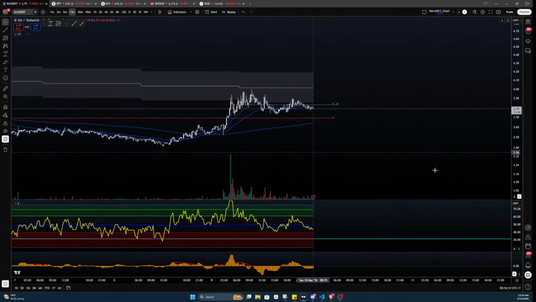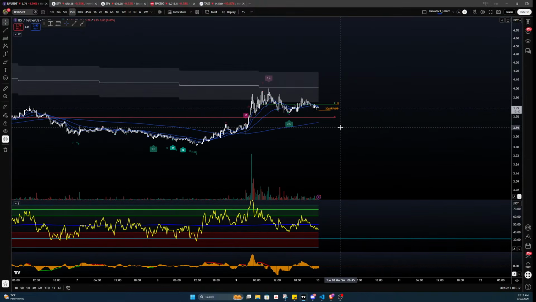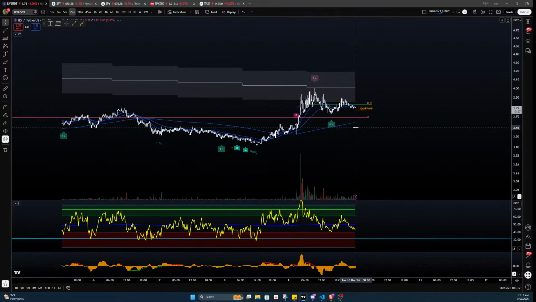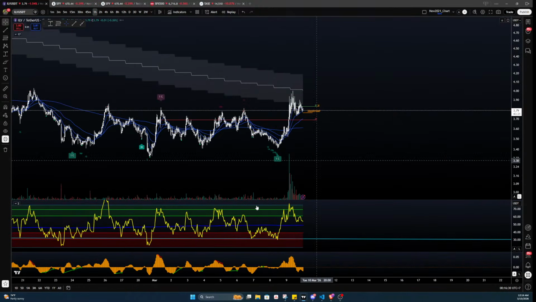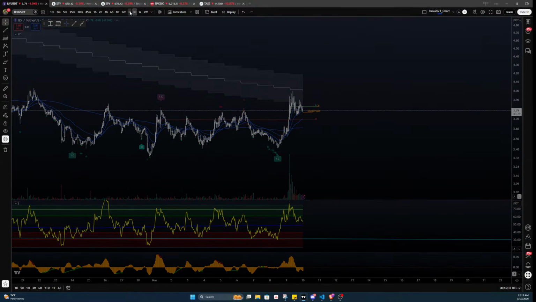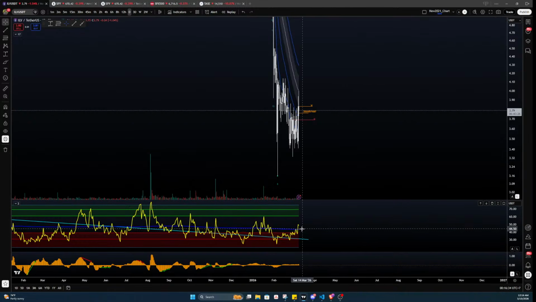And there's no guarantee. The win-loss on this is something like 57%, but usually the winners are a lot bigger than the losers, so it makes up for it. But there is a 40% chance this can be wrong. To me, looking at the chart, it looks like it could be a decent short. See the daily, like this.